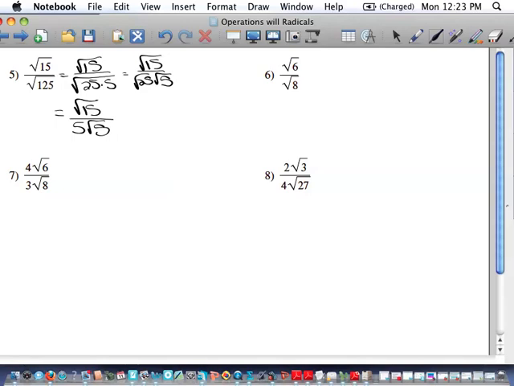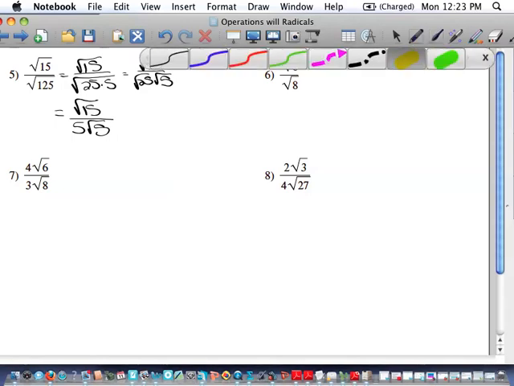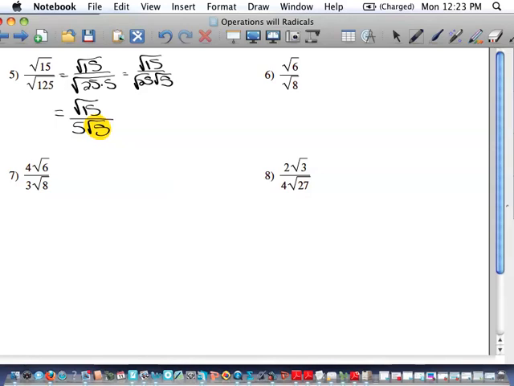Now when I want to rationalize this, I need only multiply by this radical. So I'll multiply top and bottom by square root of 5. So 15 times 5 gives me the square root of 75 over 5 times the square root of 25, which is 5.